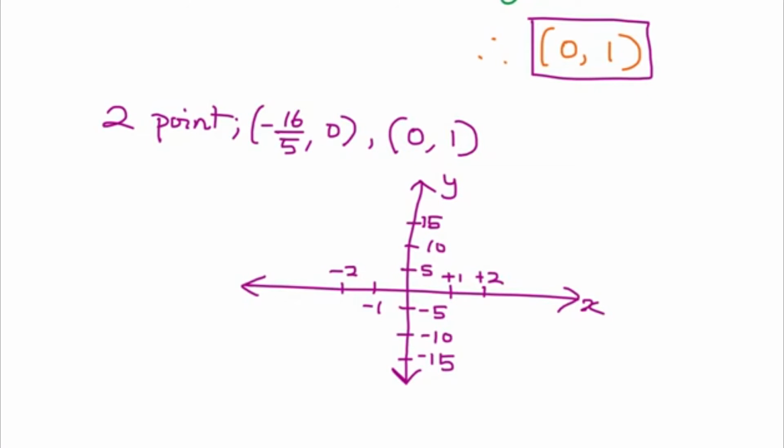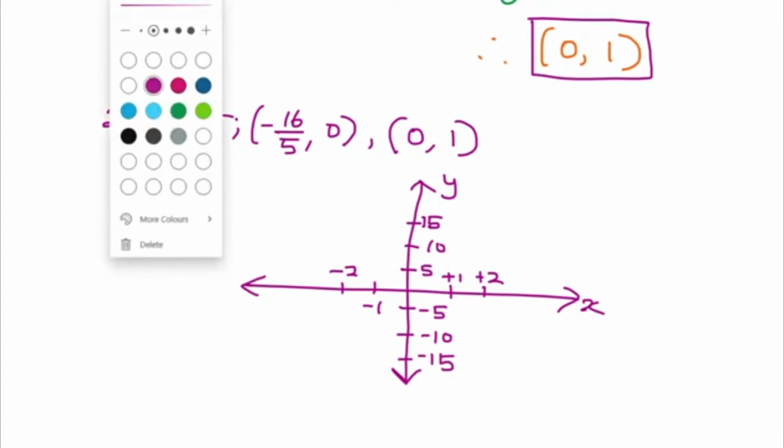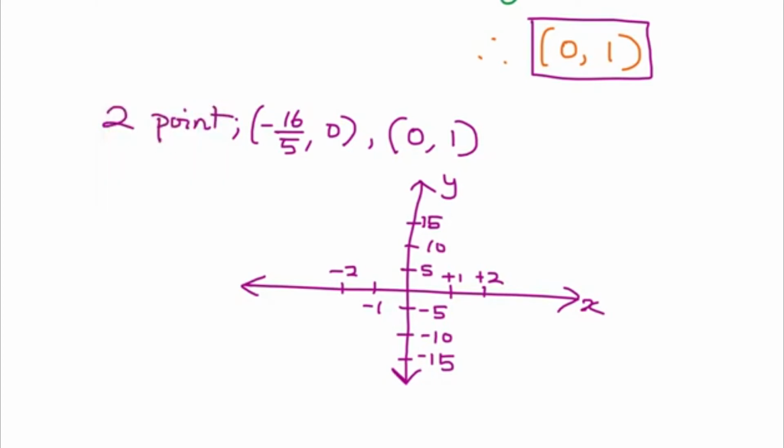And once we have this, then what we have is that our first point will be when x is 0, y is 1. So that means our y-intercept here is going to be around here where x is 0, y is 1, somewhere around there. When x is equal to negative 16 over 5, which is somewhere around, if this is 1, this is 2, it will be somewhere around negative 3, so it'll be somewhere around here.